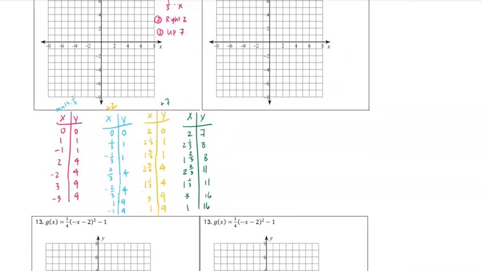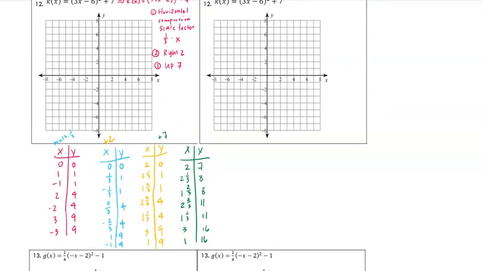Okay, so (2, 7). Okay, (2 and 1/3, 8). I guess I could just put that point on there. (2 and 1/3, 8), and (1 and 2/3, 8), somewhere like that.